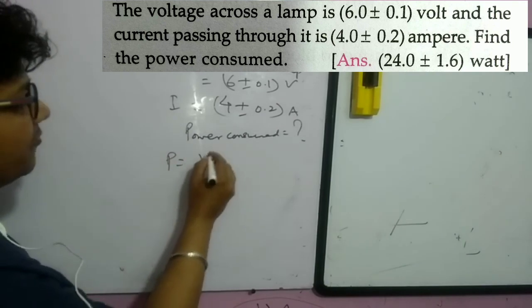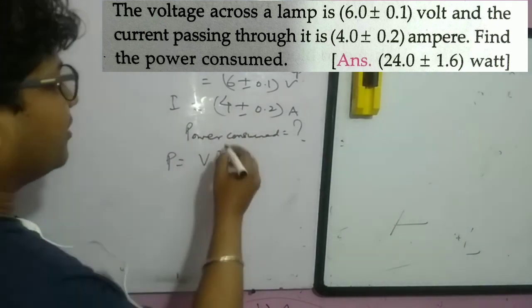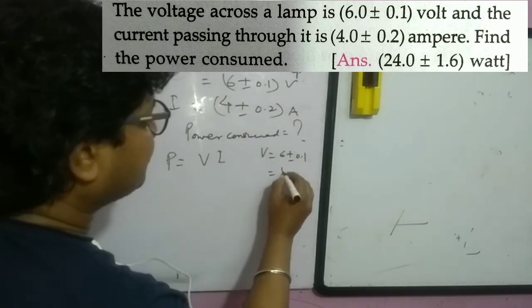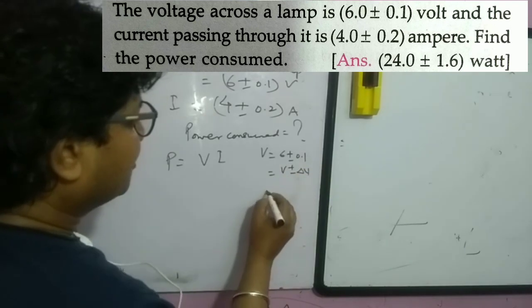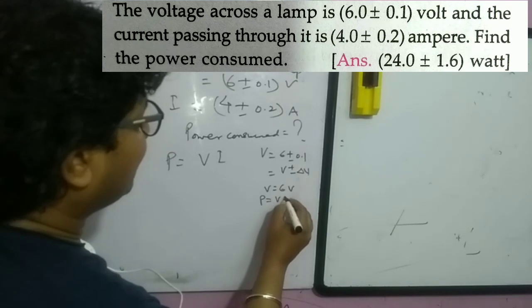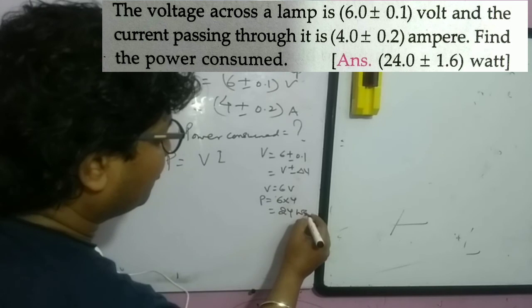सो P इज इक्वल टू V इंटू आई, राइट? सो V इज इक्वल टू 6 प्लस माइनस 0.1 मीन्स V प्लस माइनस डेल्टा V. सो V इज इक्वल टू 6 वोल्ट. सो P इज इक्वल टू V इंटू आई, इट मीन्स 6 into 4, and this will be equal to 24 watt.